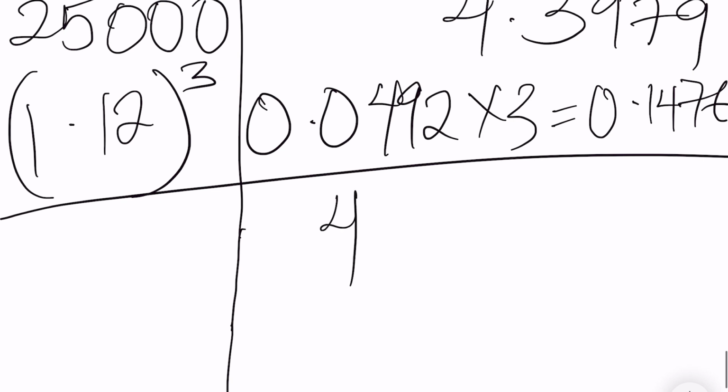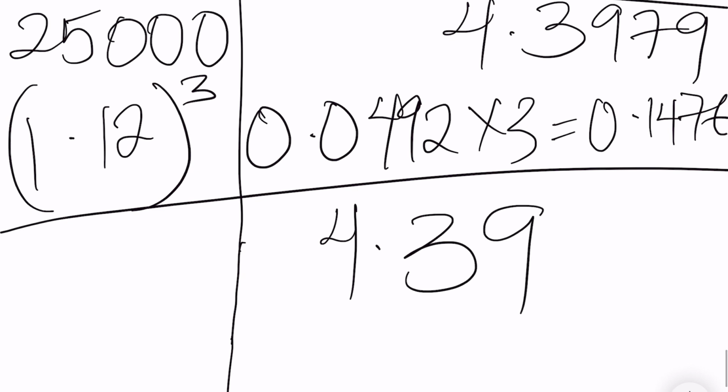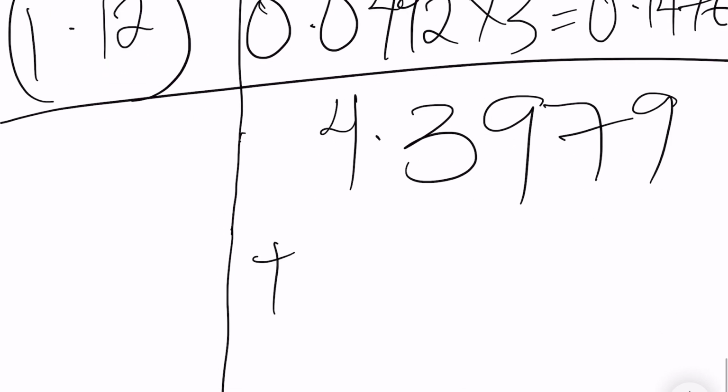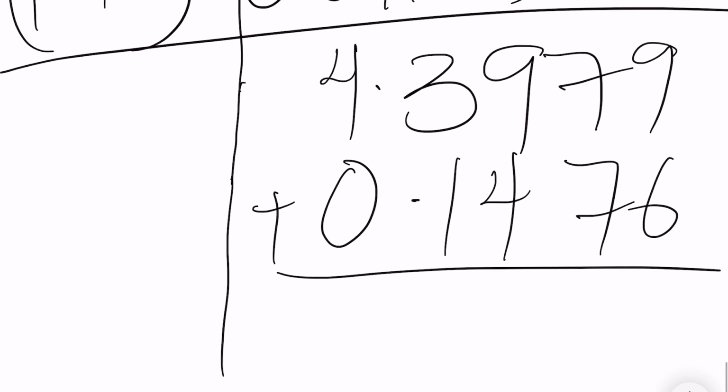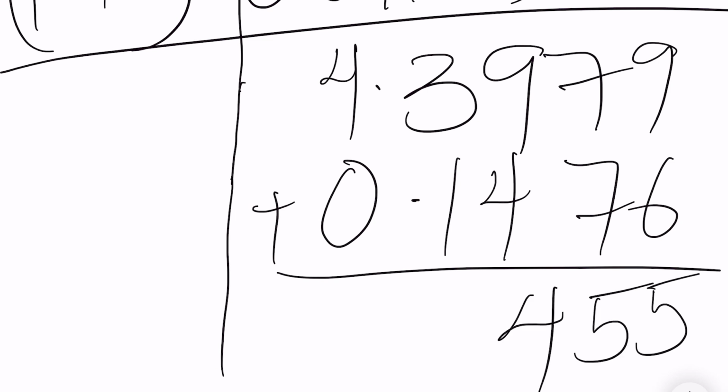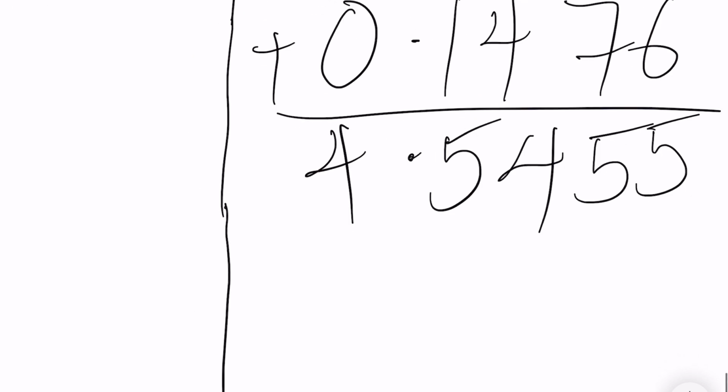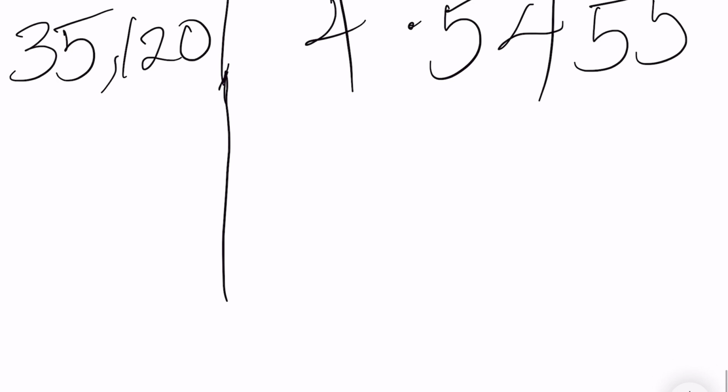So we have 4.3979 plus 0.1476, which gives 4.5455. Now the antilog of 4.5455 will be 35,120. So we've gotten our answer to be 35,120 naira.